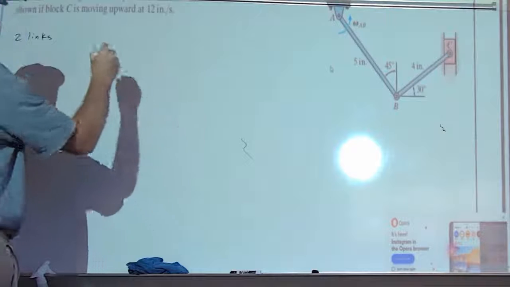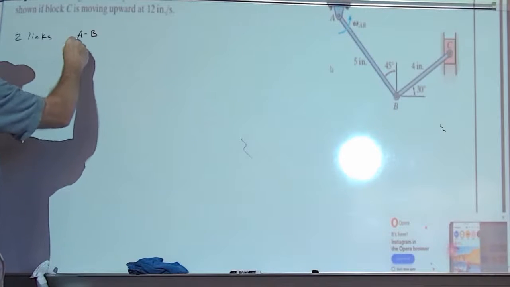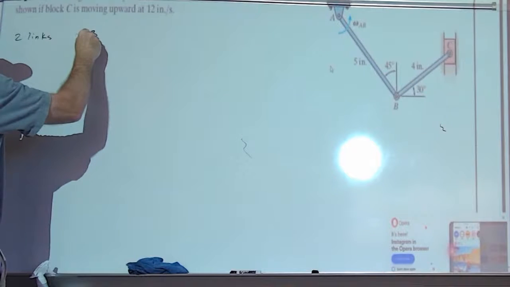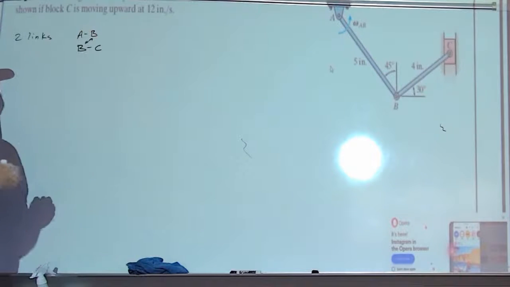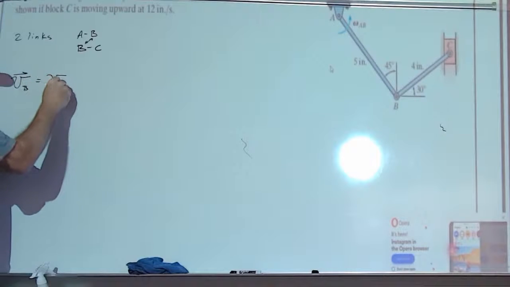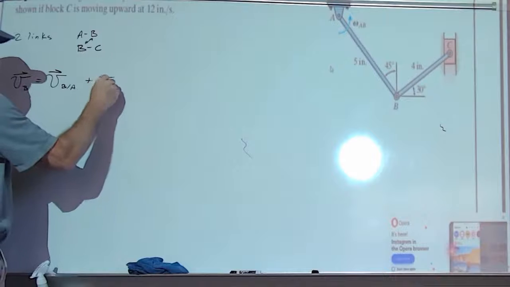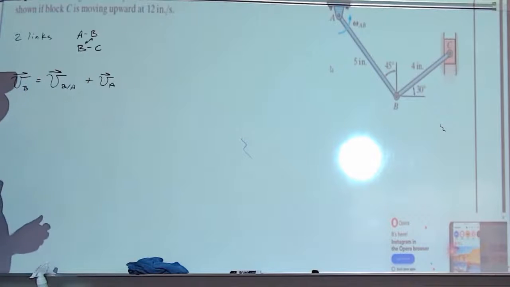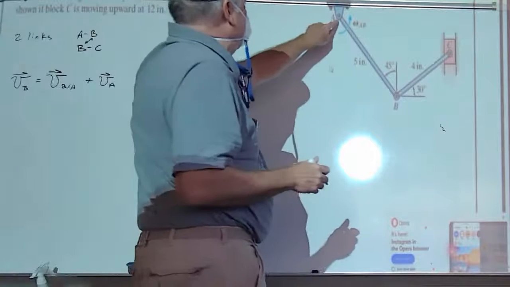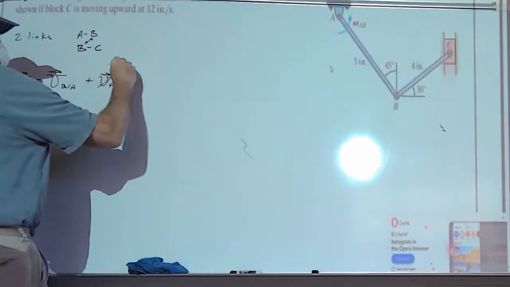Link AB and BC, in which B is common to each of those. So you can write the equation, velocity of B is equal to the velocity of B relative to A plus the velocity of A. In most cases in which it's pinned to the ground, that one goes away.